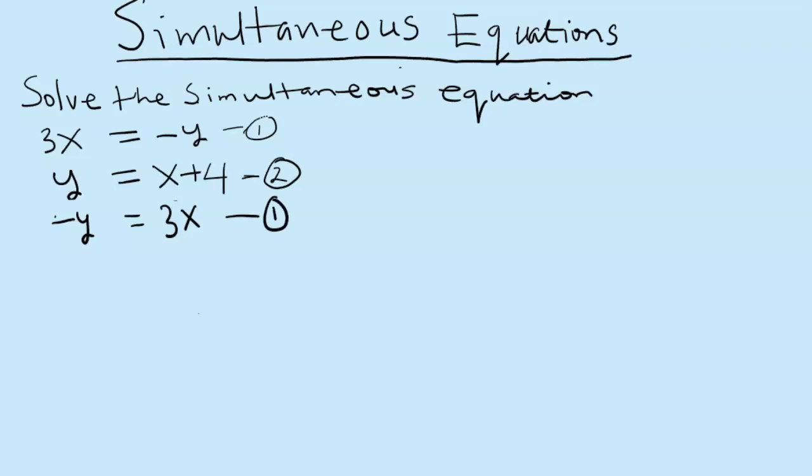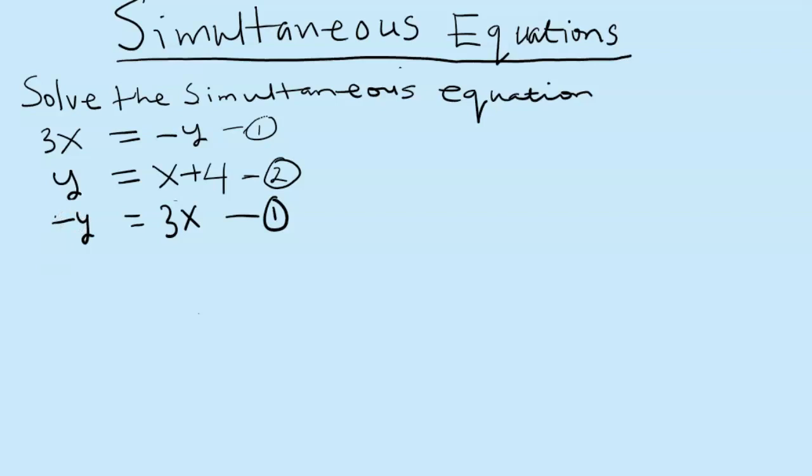Here, I realize that equation 2 and equation 1 both have y, but this one is negative. So let's try to get rid of this negative. For us to get rid of this negative, we have to divide both sides by negative 1. There is a 1 in front here, we don't write it.